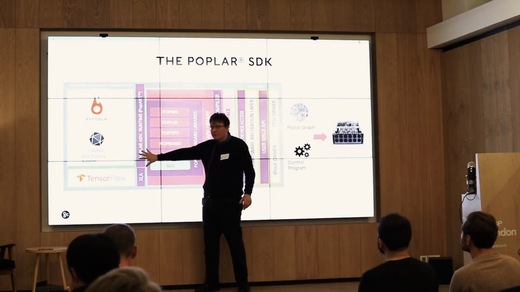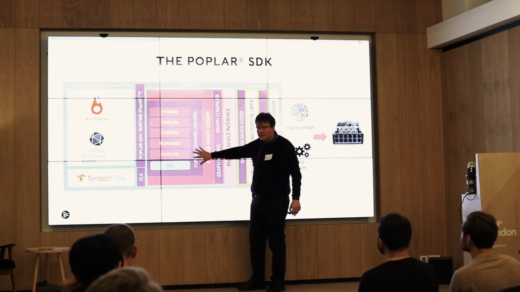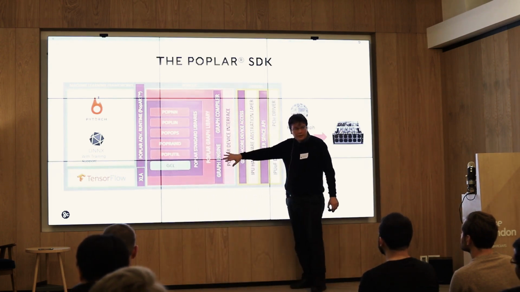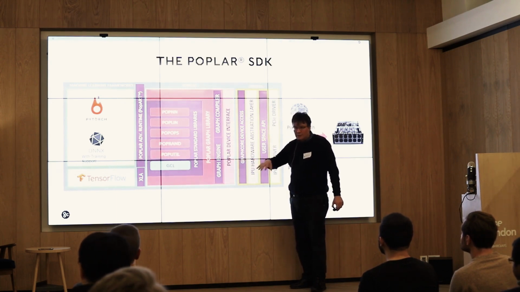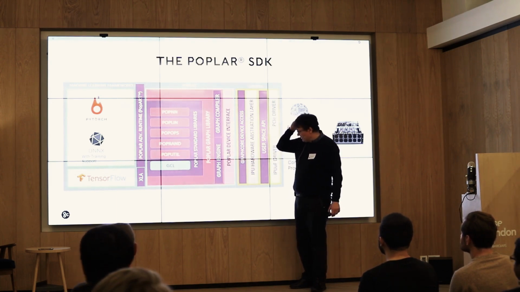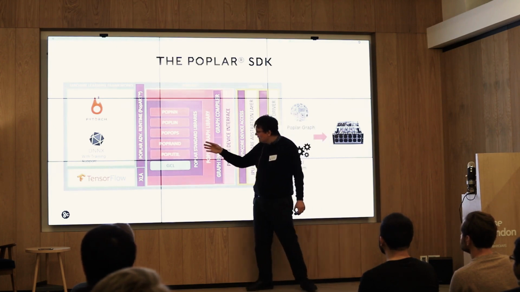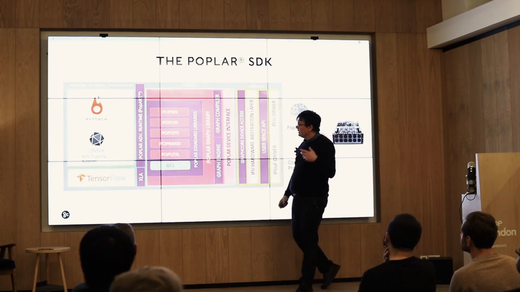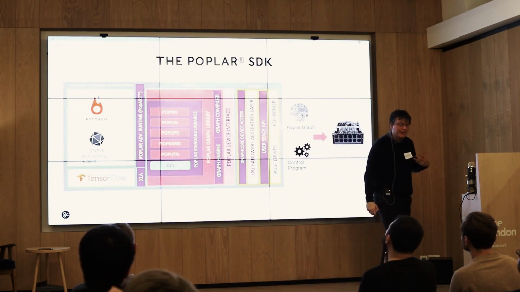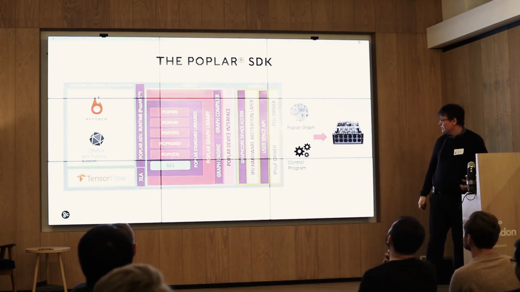Some people want to program just up here, some people further down. It depends on what you want to do in terms of pushing the envelope or looking at different aspects of performance. But what we definitely need is a good set of libraries to provide support for the basic operators you have, linear algebra basically.